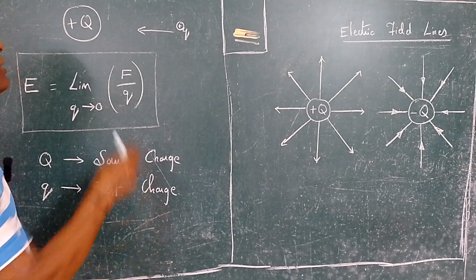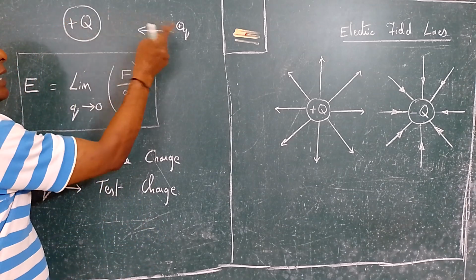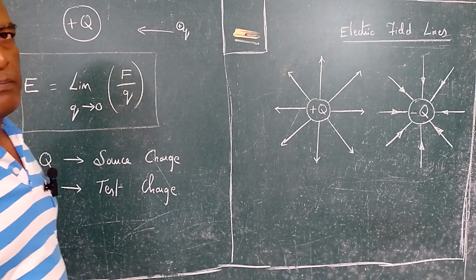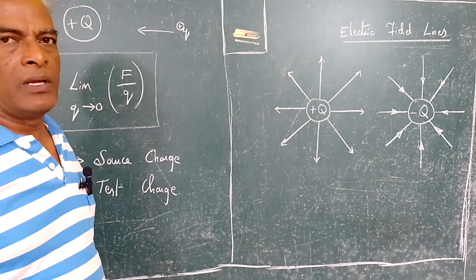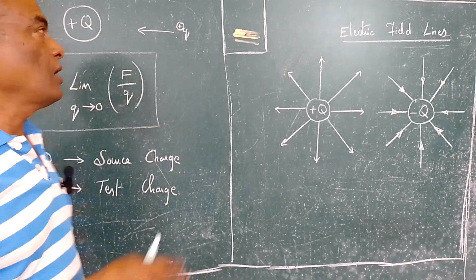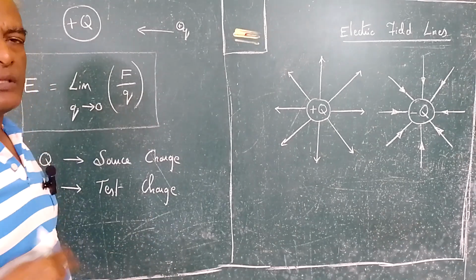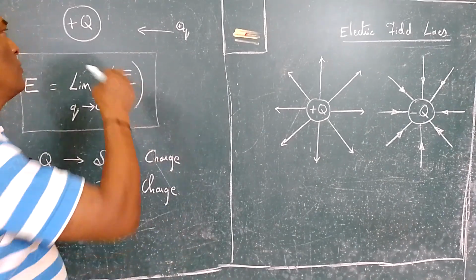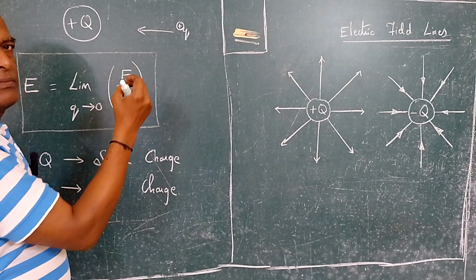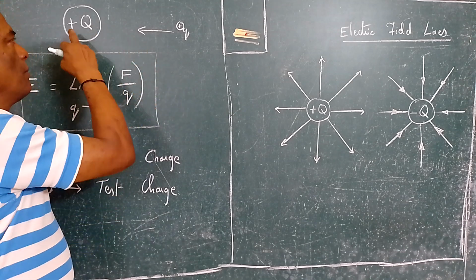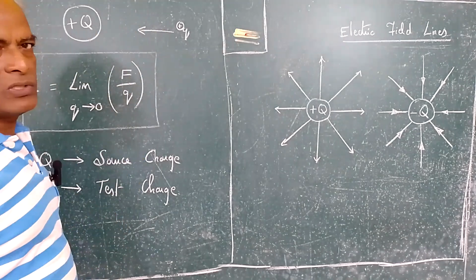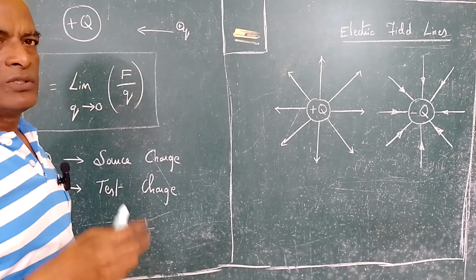But there is a force between this plus Q and this plus Q, and it is going to be repulsive. If it is negative and a negative, then also it is repulsive. Positive and negative, attractive force; minus and positive, then also it is attractive force.